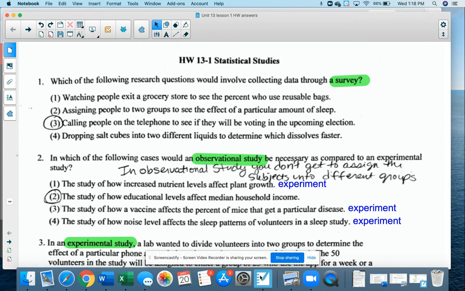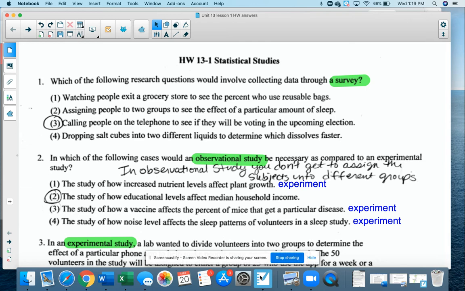Choice 1, watching people exit a grocery store to see the percent who use reusable bags. That would be an observational study. You're just observing, you're not influencing, you're not asking any questions. 2, assigning people to 2 different groups to see the effect of a particular amount of sleep. That would be an experiment.